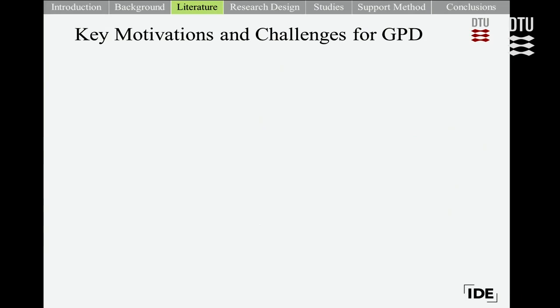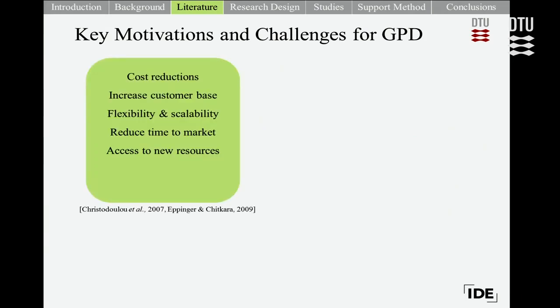Looking at the key motivations and challenges for GPD, we identify that many companies, particularly Danish companies, look to globalize product development in order to reduce development costs, access new resources, and be closer to the global markets.